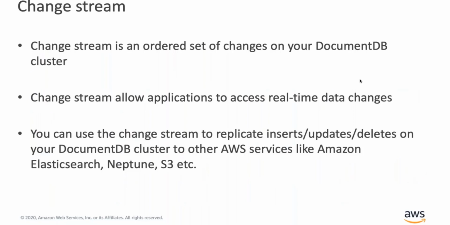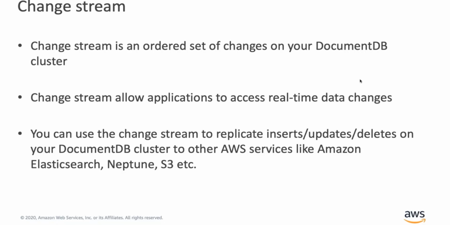One of the tools that you can use in DocumentDB to integrate with other AWS services is change streams. A change stream is essentially an ordered set of changes on your DocumentDB cluster. Change streams allow applications to access real-time data changes. The way to think about this is any inserts, updates, or deletes on your DocumentDB cluster will be captured in the change stream.